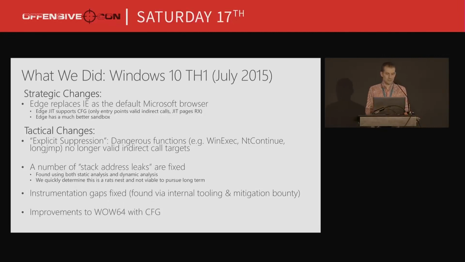Some of the cases were really easy to fix, and some of them were really quite complicated to fix, and we decided this is not the right place to spend our time. And then one continuing theme through all Windows releases is just fixing instrumentation gaps. These are areas where control flow guard was not properly added to a binary, and so there are indirect calls that are not instrumented.